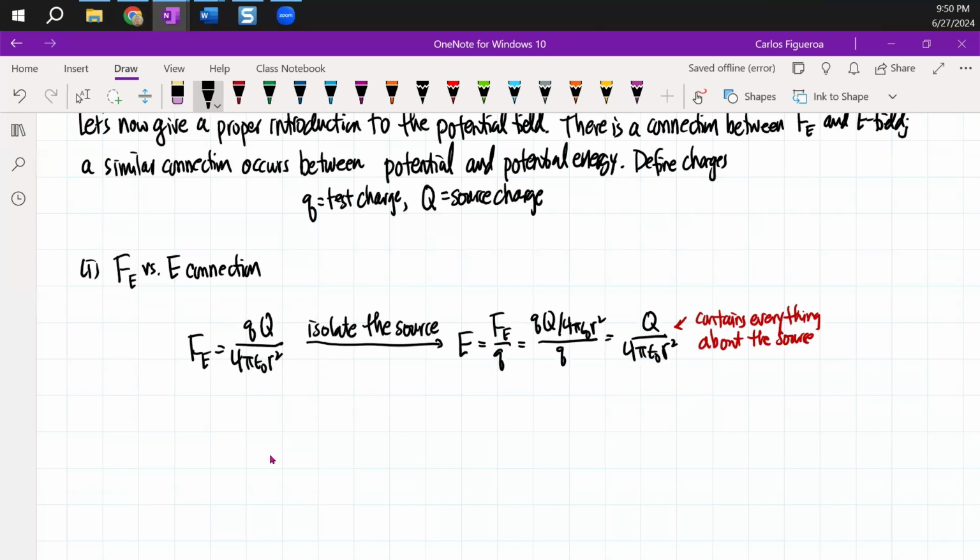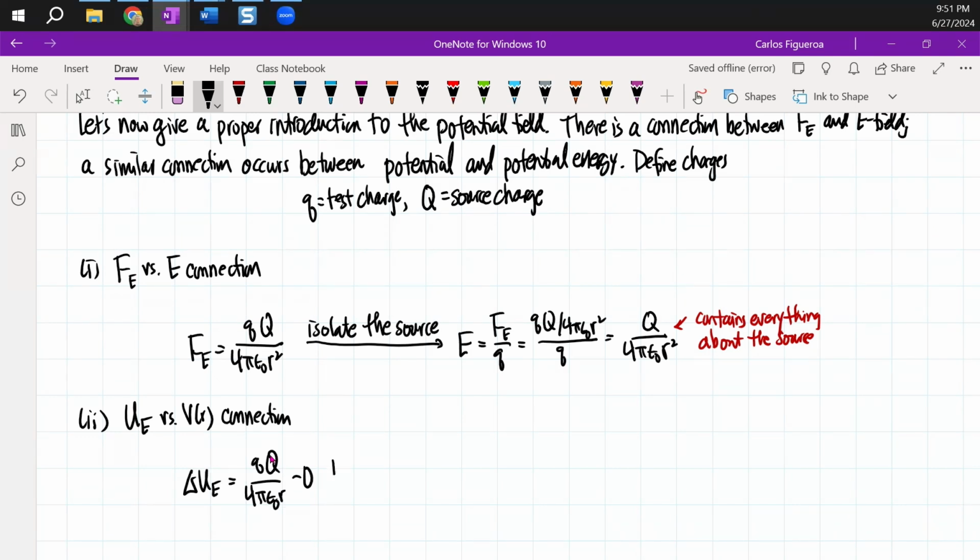In a very analogous way, we could say the same thing about potential energy versus the voltage or the potential connection. So our potential energy we've written as Q little q over 4 pi epsilon r minus 0.